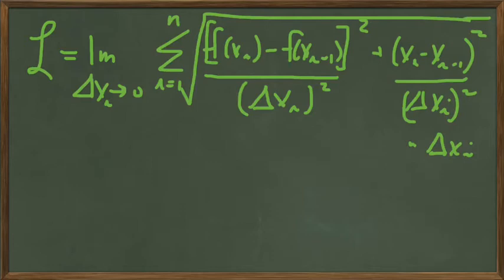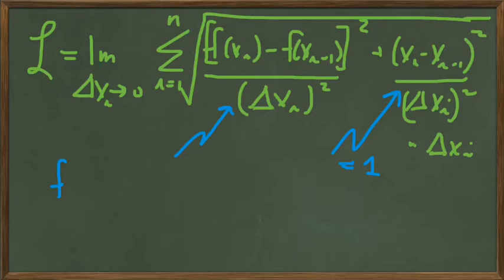So what we're going to do is look at these two terms under the radical, this term and this term. This term is the easy one to look at. x i minus x i minus 1 is just delta x i, so this term right here is just 1. This term right here we're going to take out and look at it.